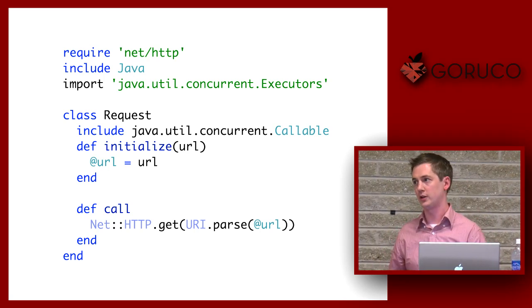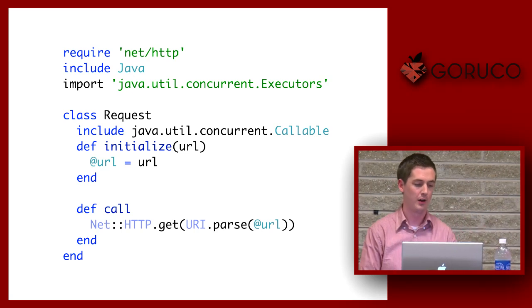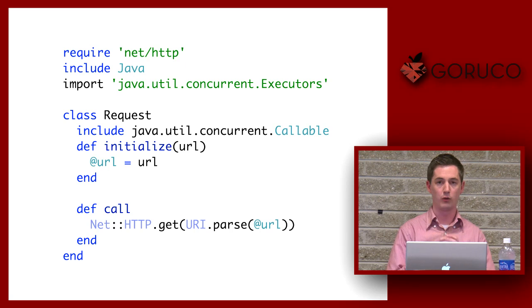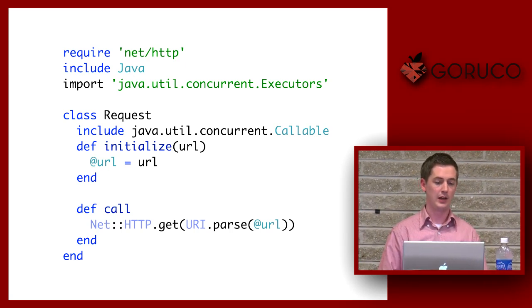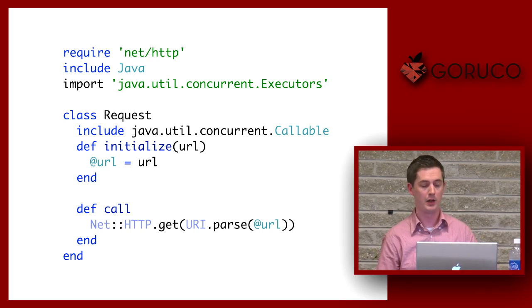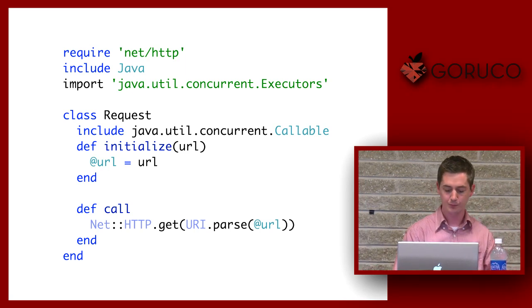It's this whole section of Java that's designed for writing threaded concurrent code, which can help you out a bit. With this example, again, we have a request object that represents the request we want to make. It includes this thing called callable, which is an interface that says you have to define a method called call. And in this case, all it does is use net_http_get and grab it.